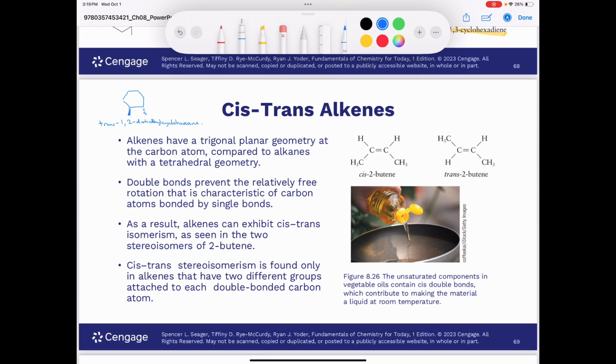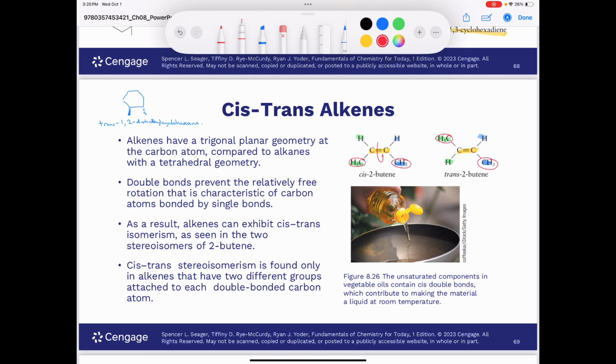Anyhow, now we can have cis-trans on a ring, but we can also have cis-trans on an alkene. And so if you take a look here at these two examples, you see the carbon-carbon double bond. Both carbons of the double bond are flanked by a methyl and a proton. So what's the difference? Well, in the compound on the left, you see the two methyl groups are on the same side of the double bond, but in the other compound, they're on opposite sides of the double bond.